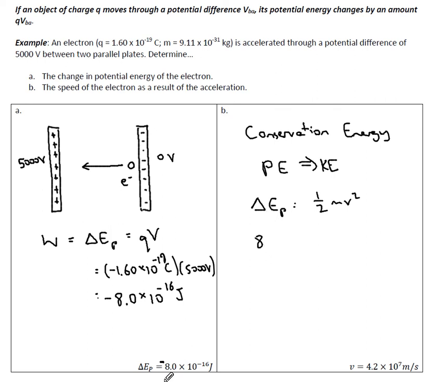If we lost 8.0 times 10 to the negative 16 joules of potential energy, we're going to gain 8.0 times 10 to the negative 16 joules of kinetic energy. So that's 1/2 times the mass of an electron, 9.11 times 10 to the negative 31 kilograms, and we're solving for v squared. Solving for v, we get a speed of 4.2 times 10 to the 7 meters per second.